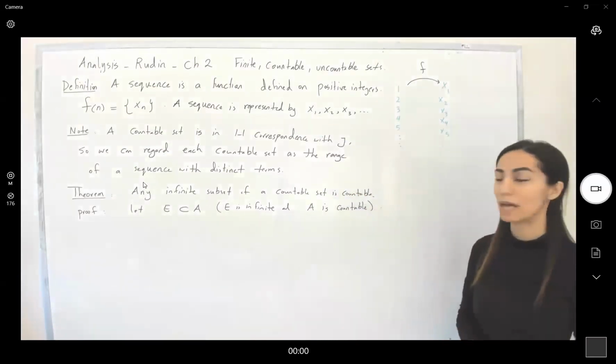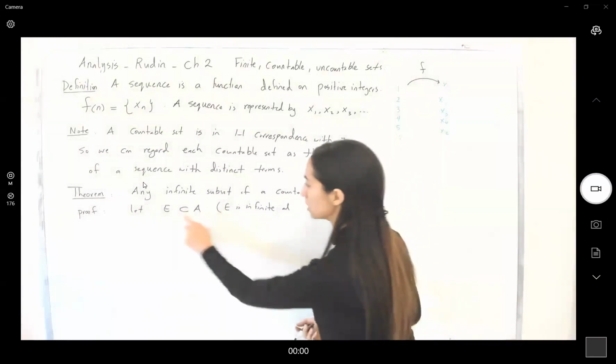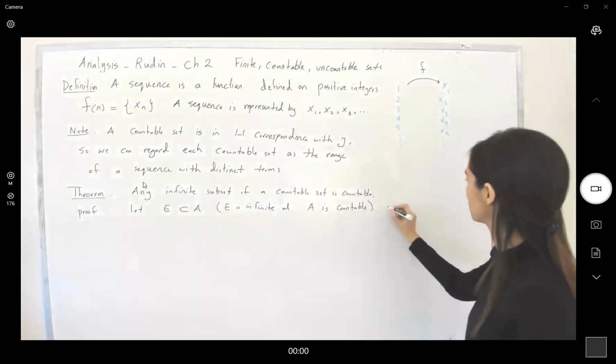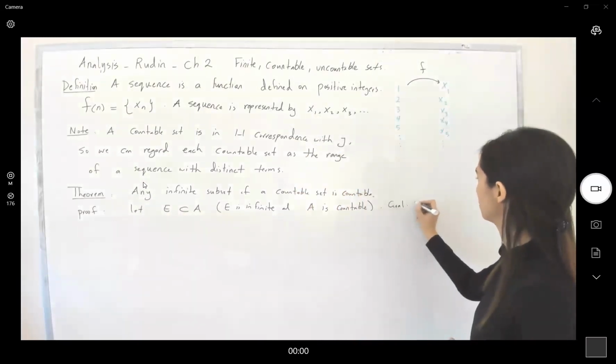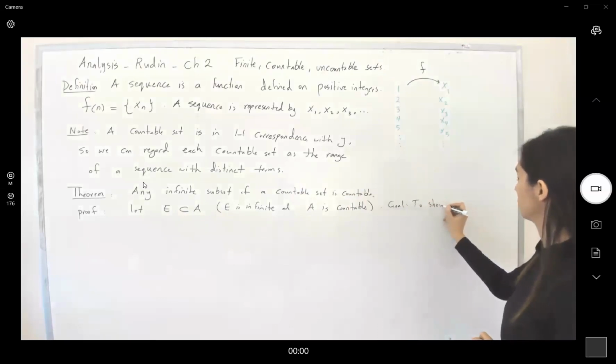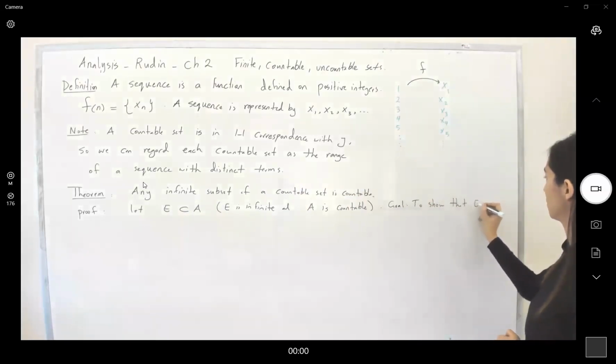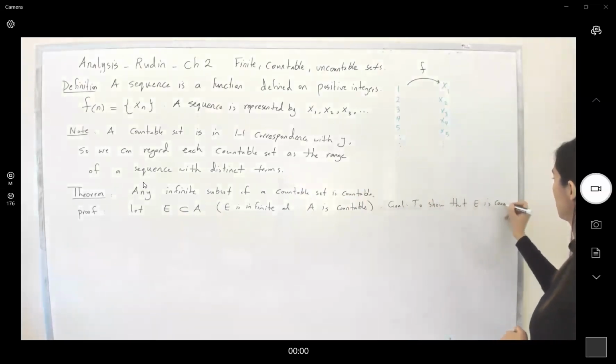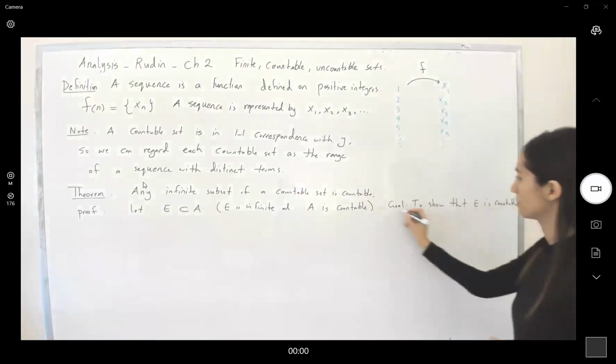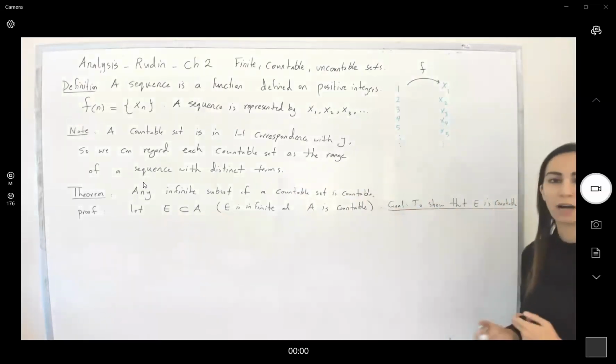So what is our goal? Our goal is to show that E is countable. How to show that?